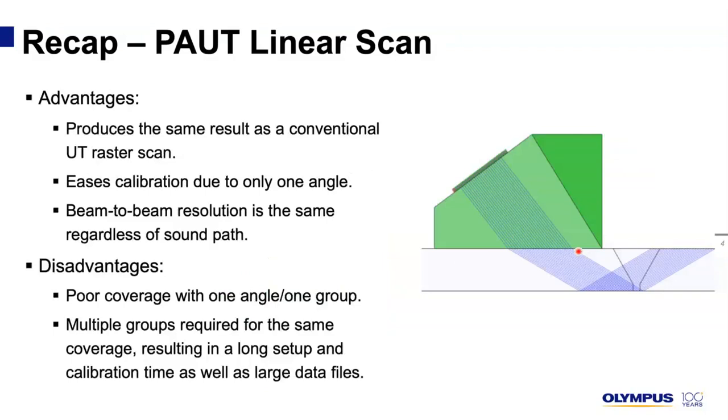The beam resolution also is the same regardless of sound path, as all focal laws are parallel. However, as you can see in this representation, coverage is pretty poor with only one angle in one group. So that typically leads to the need for multiple groups, and also long setups, long calibrations, and larger data files.